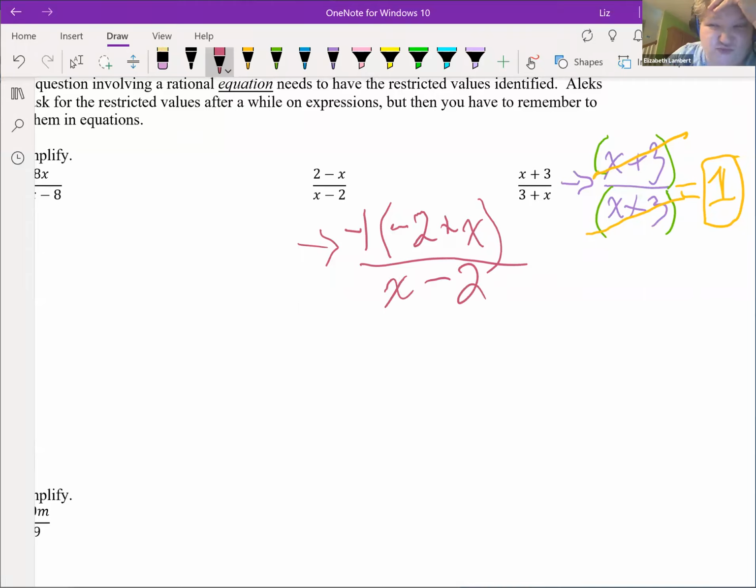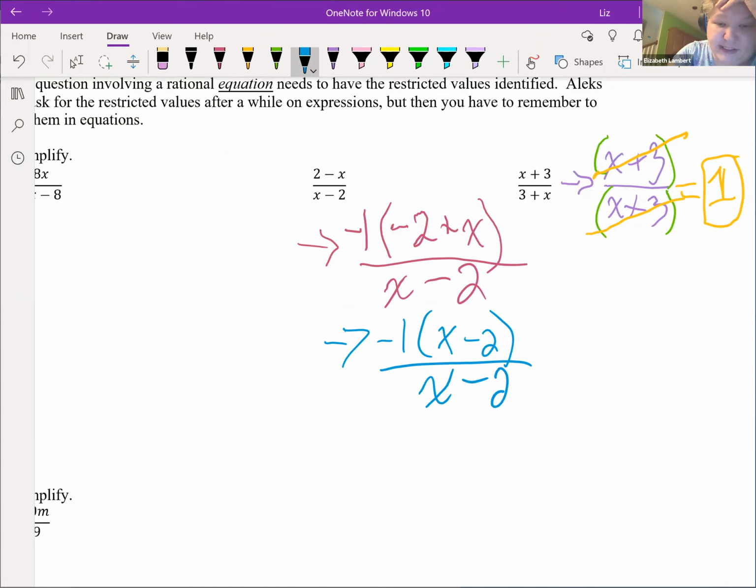Now that's written kind of weirdly. Like the whole point of pulling out the negative 1 was so the x would be positive, so we could write it up front. So that's what we're going to do to that. No, sorry, not plus. That is x minus 2 over x minus 2.